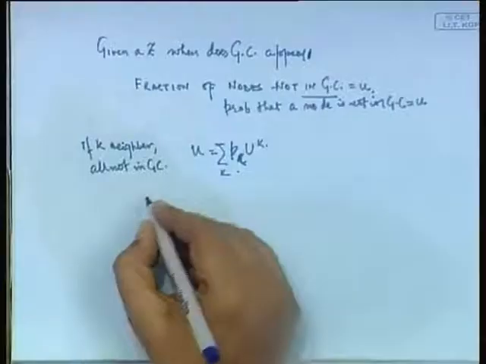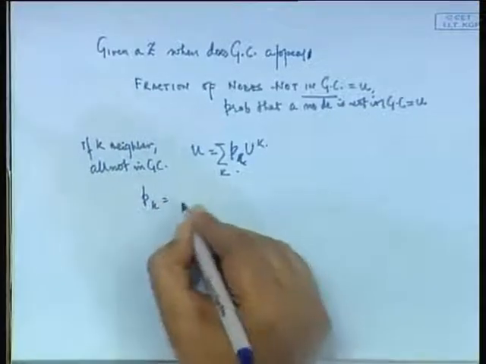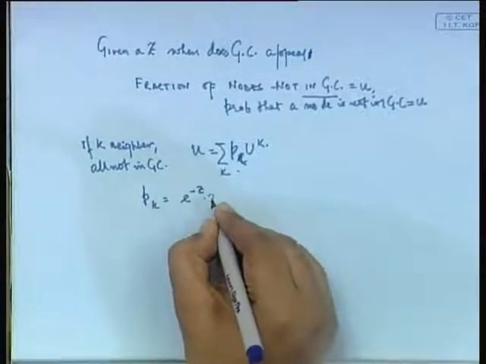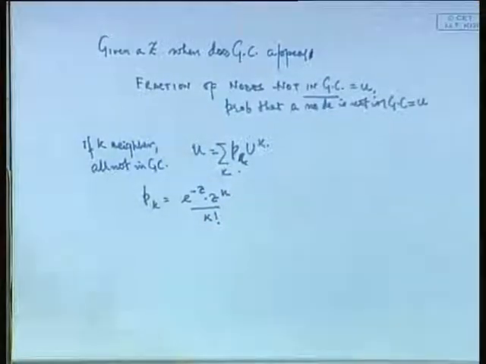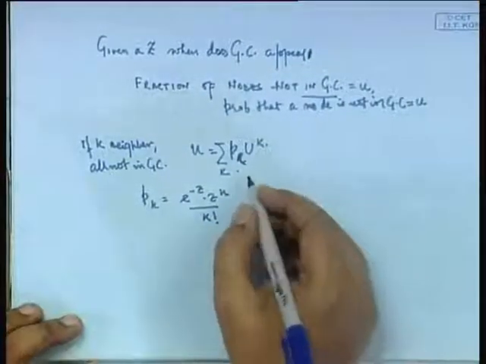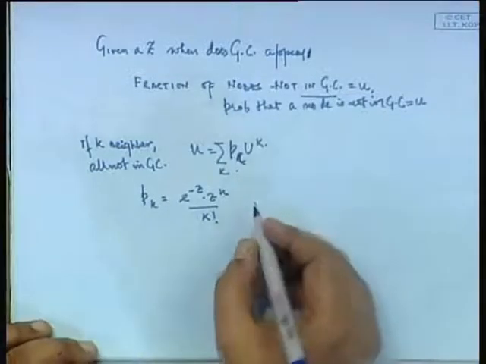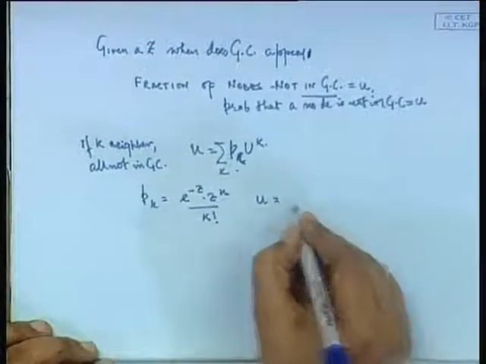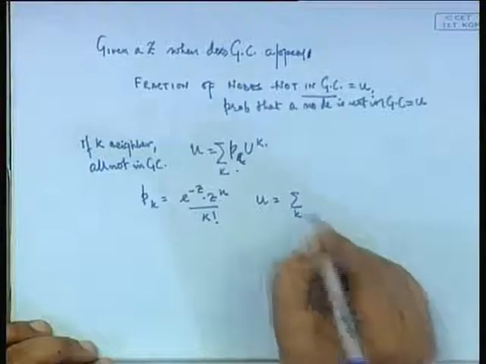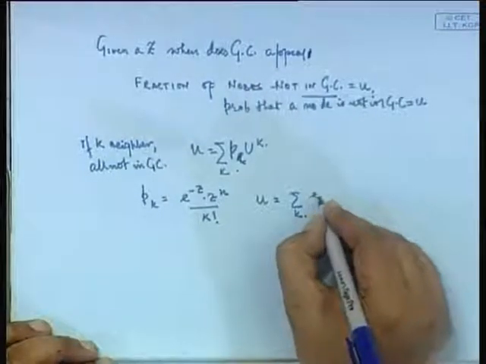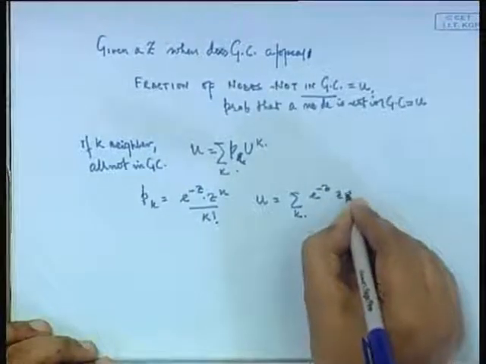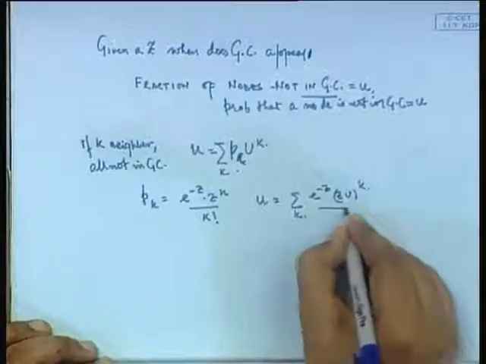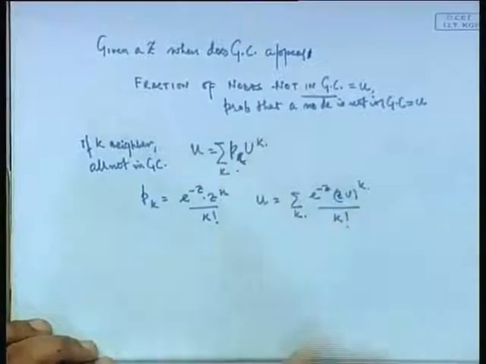Now, let us say Pk is e to the power minus z, z to the power k by k factorial. So, u is equal to the summation over k of e to the power minus z, z u to the power k by k factorial.